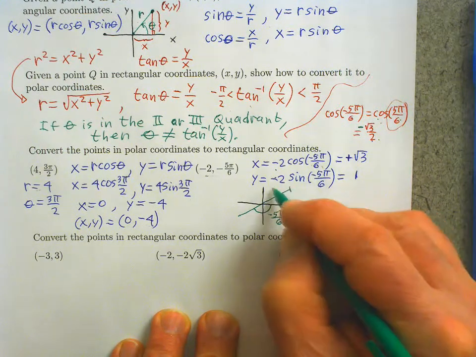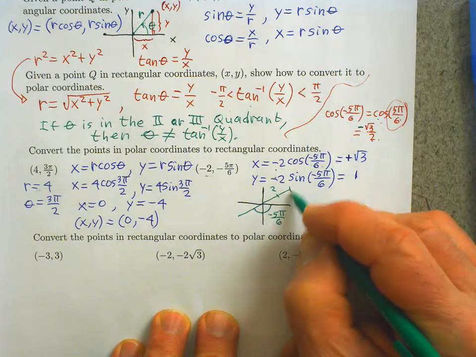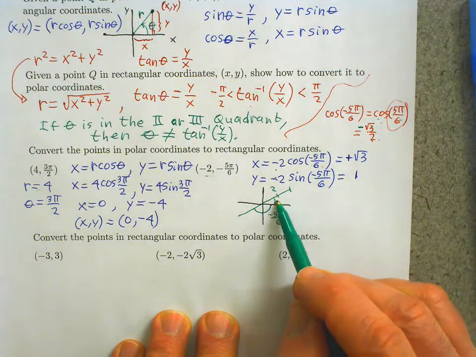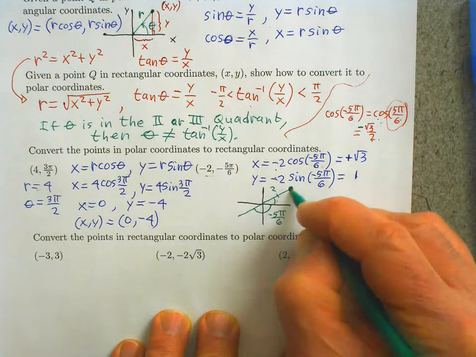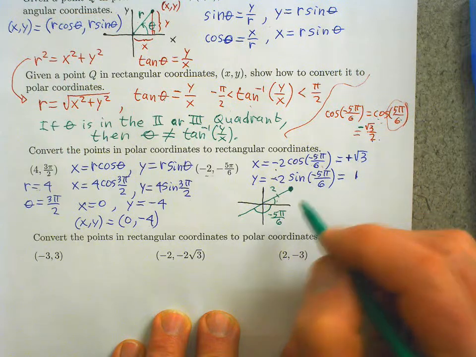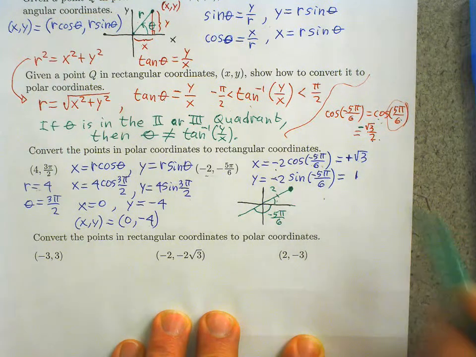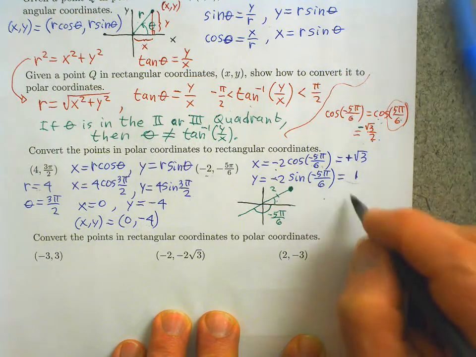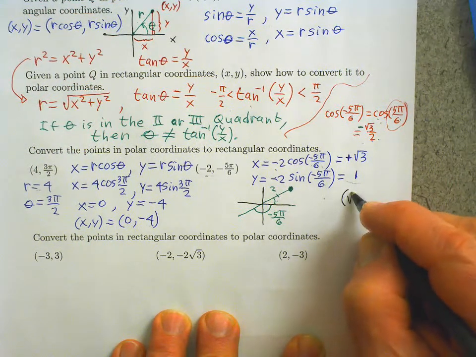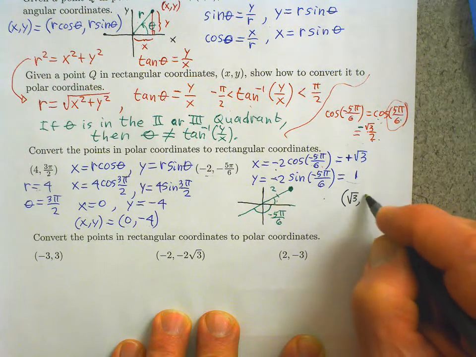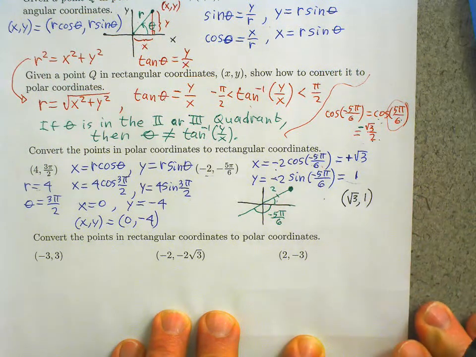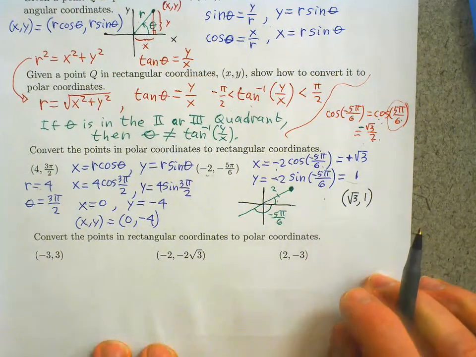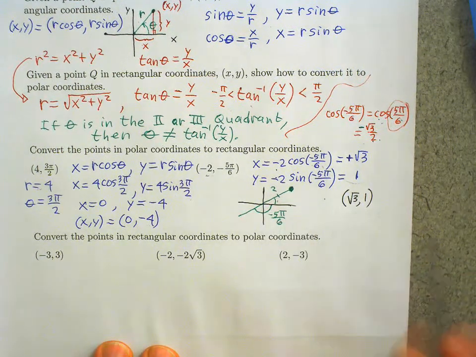So let's mark those 2 units off. And this angle right here is pi over 6. So our point should be in the first quadrant. And this work shows that it is in the first quadrant. The x-coordinate is the square root of 3, and the y-coordinate is positive 1. So yeah, I think it checks out. Pretty sure it checks out now.